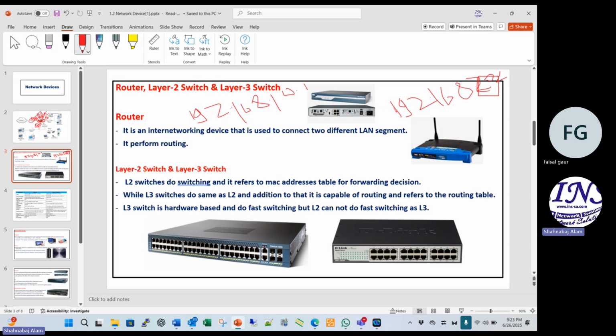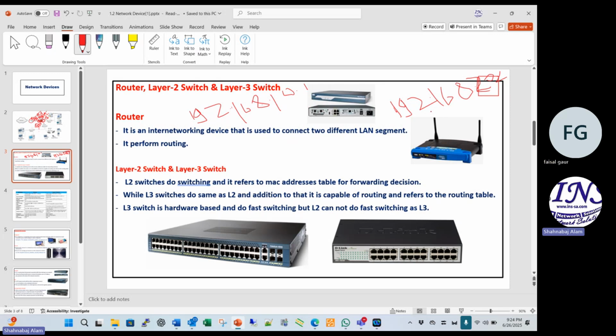So both are different subnets. So how to connect both different networks? Suppose I want to ping from this network to this network. So should we configure the routing? Without routing, ping is not possible. We cannot ping the other network.